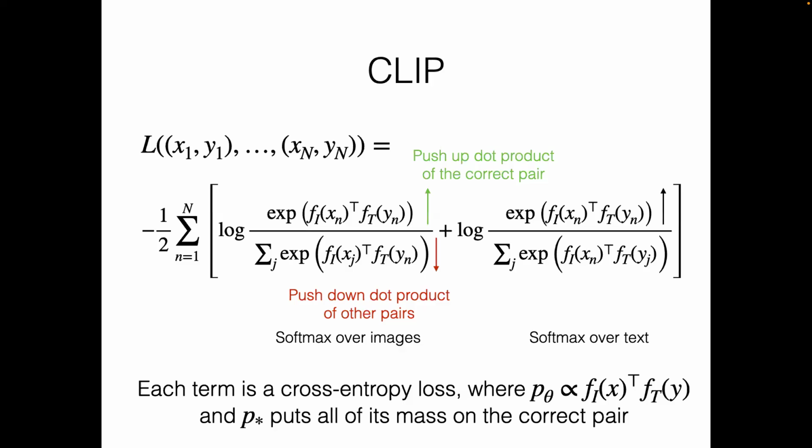One way to interpret this is, we saw this idea a lot in the course of having this log and then a softmax, and it's kind of like a log probability. And so you could actually interpret each one of these as a kind of cross entropy loss, where the model is learning to put all of its probability mass on the correct pair.